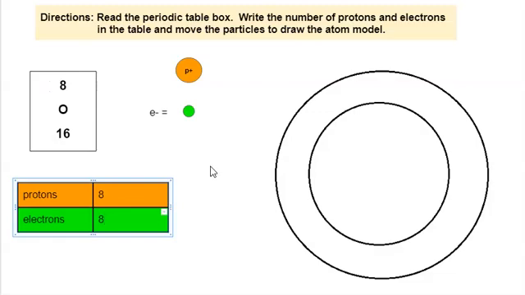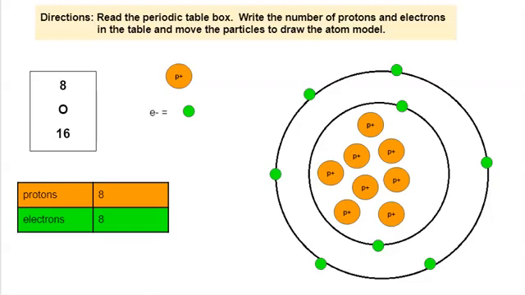Then copy and paste your protons and electrons and move them over to your atom model. Pause the video, go ahead and do that, and then come back to check your work. Okay, here's your solution. You should have 8 protons in your nucleus, and we have 2 electrons on our first energy level, and 6 electrons on our second energy level.